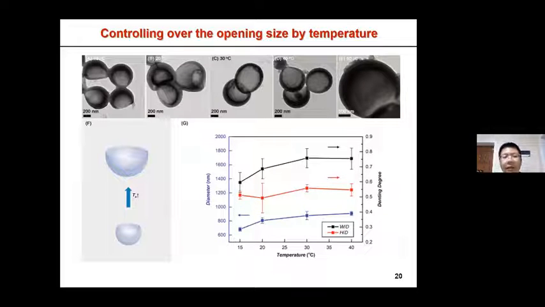Besides, the effect of temperature on the opening size of bowl-shaped nanoparticles was also studied. We found that with the increase of temperature, the width and the depth of the openings increased.